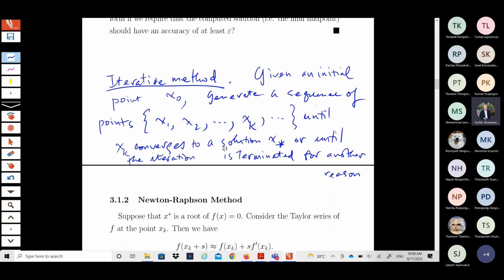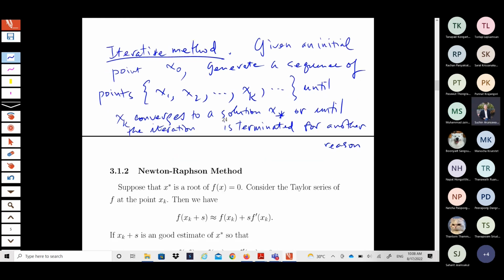For example, if the iterations don't seem to converge after many iterations, then we decide to stop, before the iteration gets into an infinite loop.